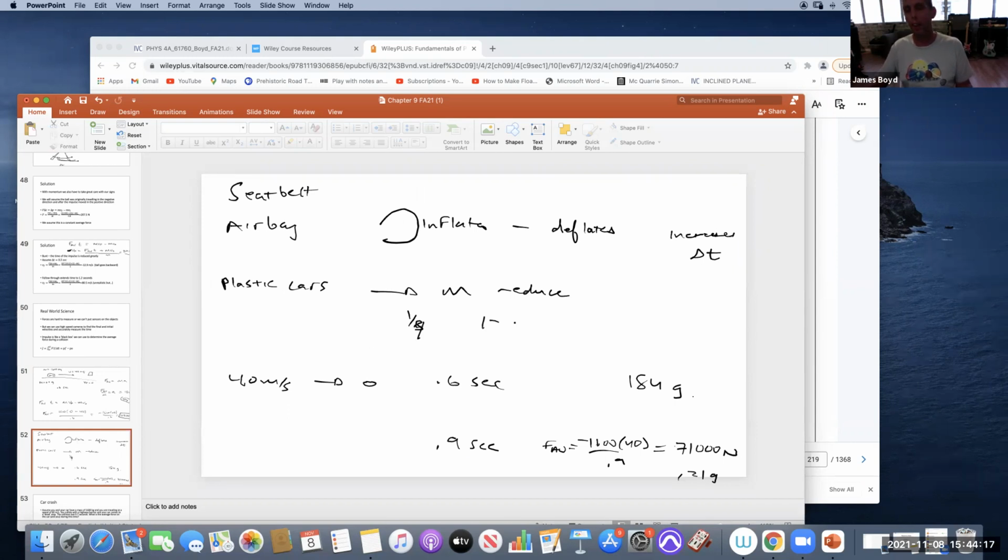So our mass goes to 1,200 kilograms. Now F average is 1,200 times 40 divided by 0.9, so we're having our airbag and our reduced mass. That is 53,300 newtons.